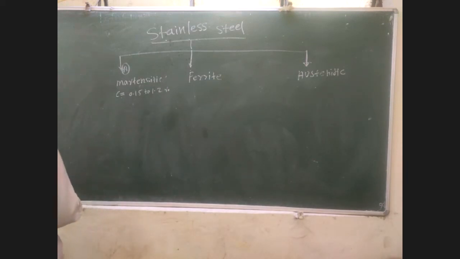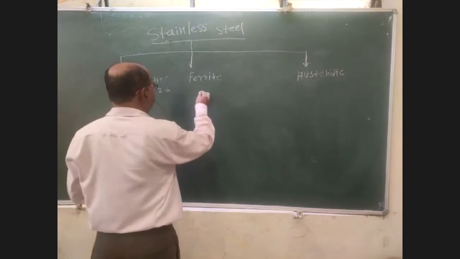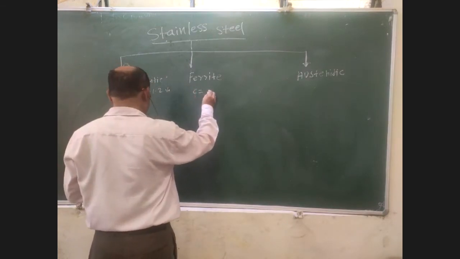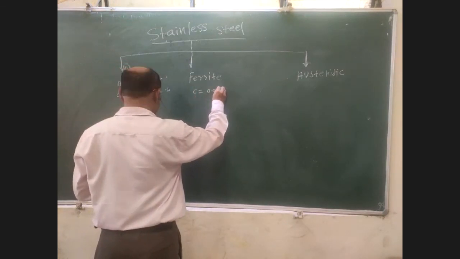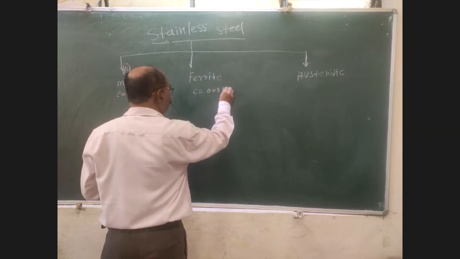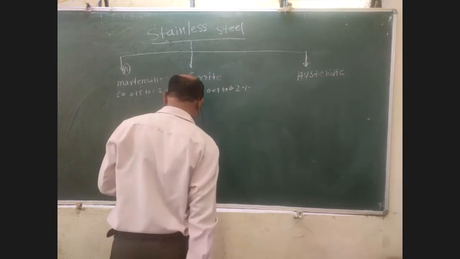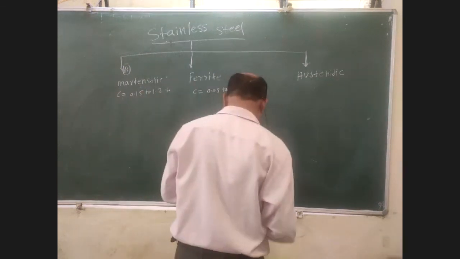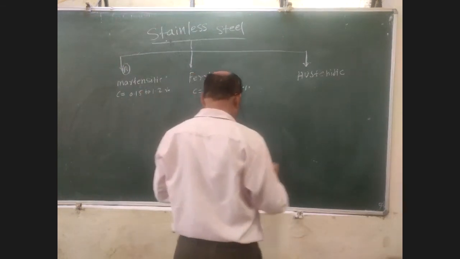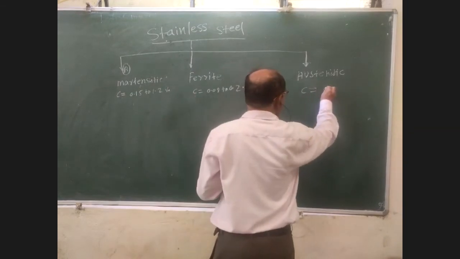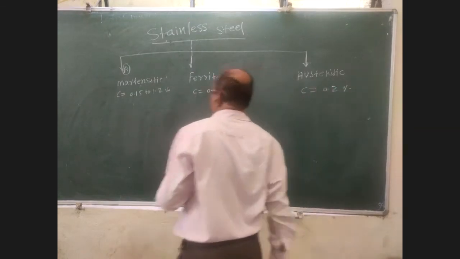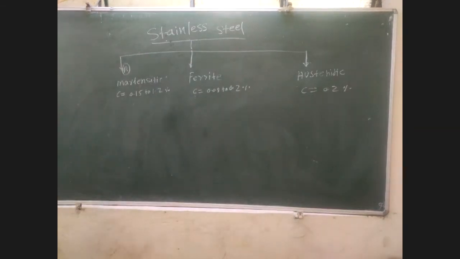Ferritic stainless steel is a low carbon, 0.082 to 0.2%. And austenitic stainless steel, the carbon is 0.2%. So this is the percentage of carbon. Okay, what are the major other alloying elements?